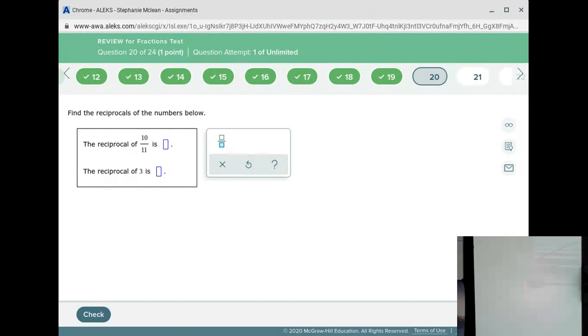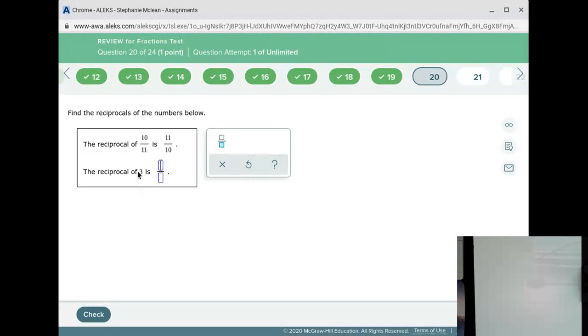All right, so now we're getting into reciprocals. Reciprocals, you just flip the number, okay? So I have 10/11. All I do is flip that. So my bottom number becomes my top number, and my top number becomes my bottom number. Now, when I have a whole number like 3, what that really is is 3 over 1.